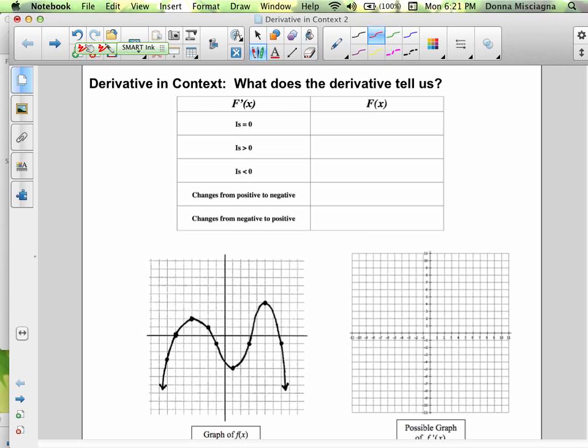So the derivative tells us the slope of f of x at various points of tangency.